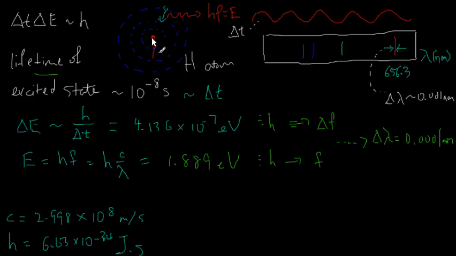If the atom takes about this amount of time to generate this wave, a wave that lasts for about as long as the excited state, then 0.0001 nanometer is the kind of width of this spectral line that we would expect to see.